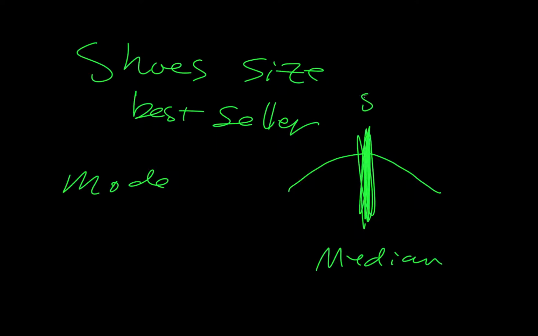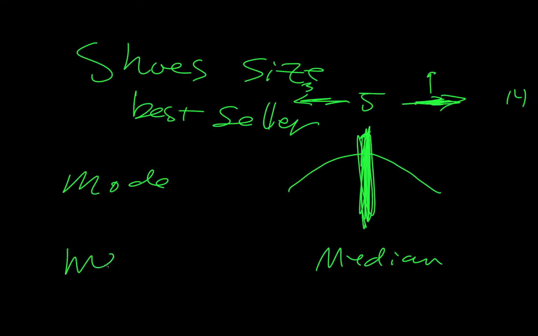And so if we say size 5, then we know half of them are on this side and half are on this side. So maybe we don't want to go up to a 14 because that's too big. Maybe we're going to stay closer to a 9, and over on this side maybe we'll stay closer to a 3. It can sort of tell us that information.